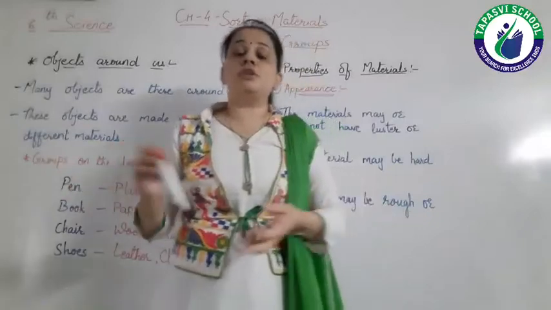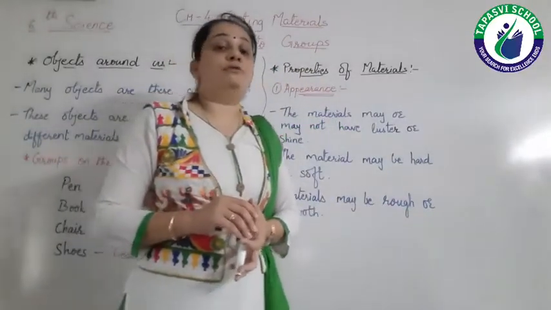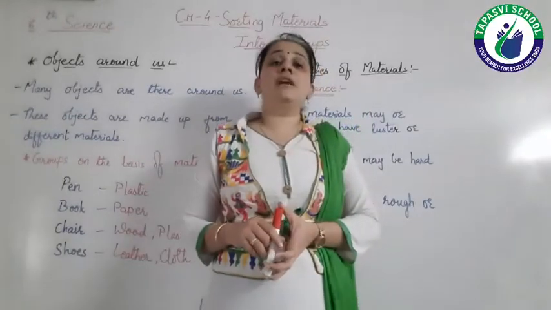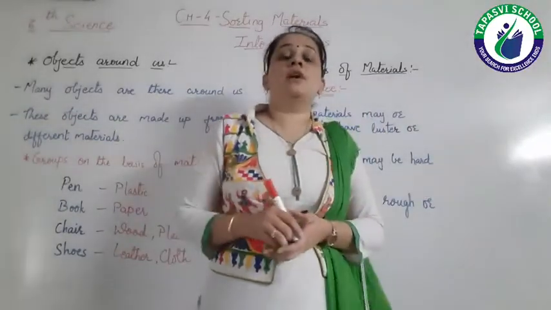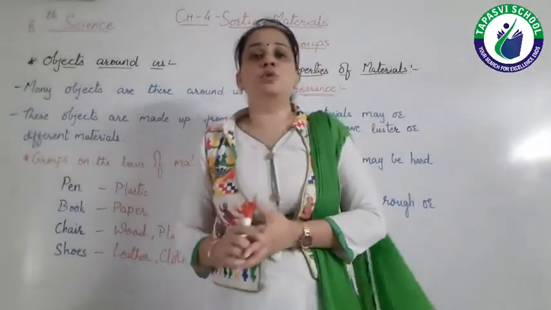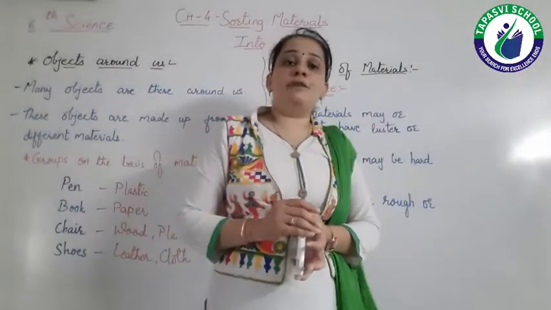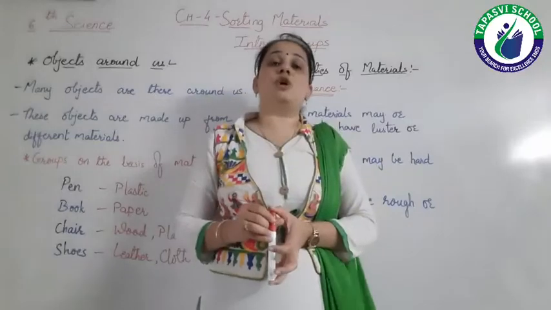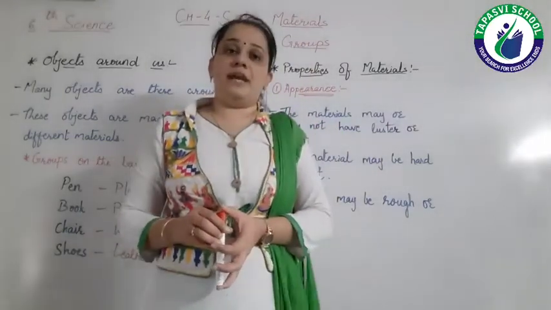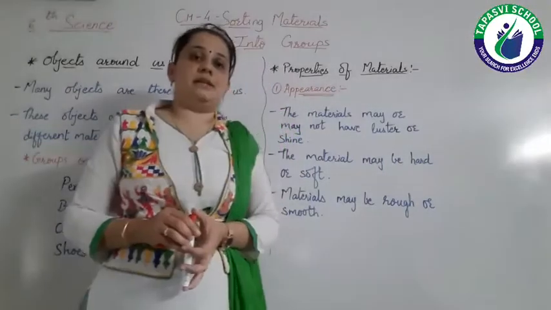If you touch the paper of your book, then it is smooth, right? So we have so many objects which have either rough surface or smooth surface. So roughness or smoothness is also a property of any object, or we can say the material.